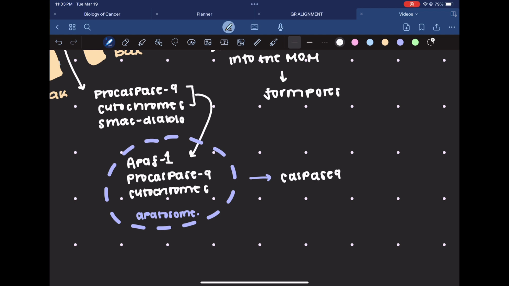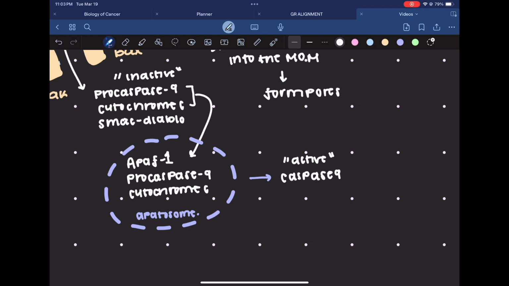So this is our active form. Just like with procaspase 8, when we have the pro in front, this is inactive, it needs to be cleaved. Now we have our caspase 9, our active form, after the formation of this apoptosome.